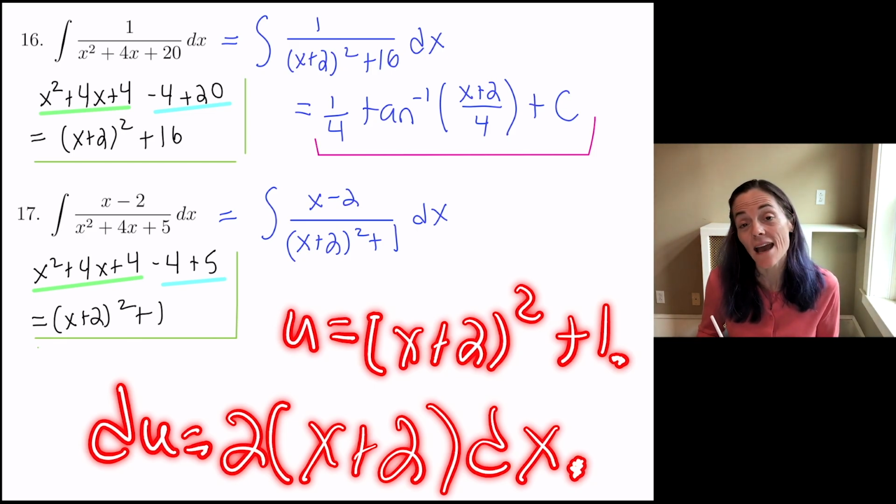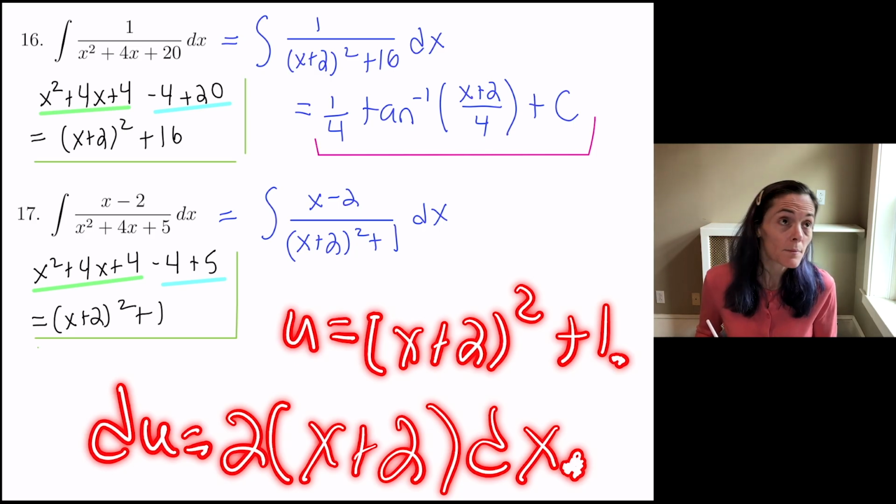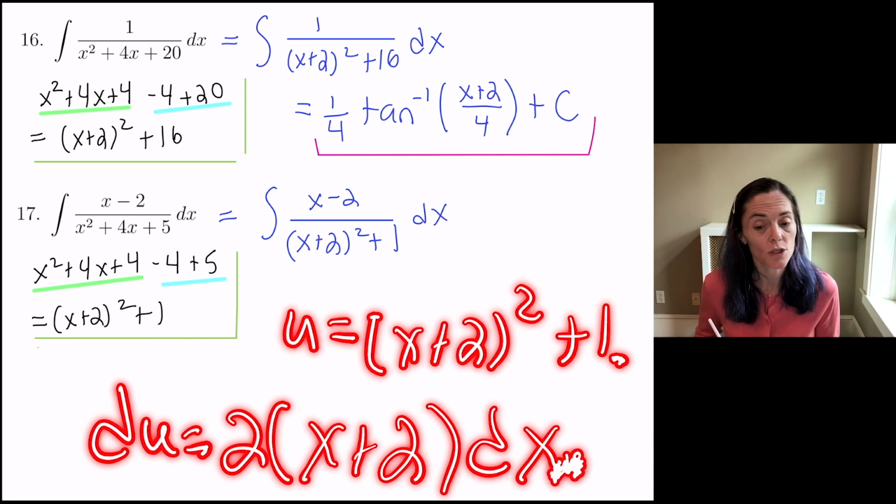And I don't exactly have that in my numerator. If I did, or if I had a multiple of that in my numerator, I wouldn't have needed to complete the square. But what I will do is write x minus 2 as x plus 2, plus something, constant. And then I can write this integral as a sum of 2 terms.